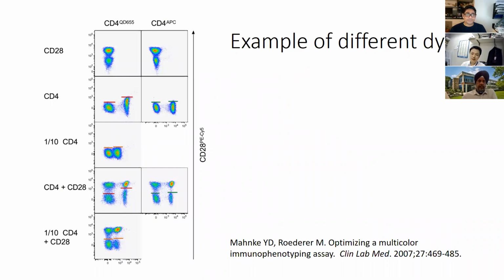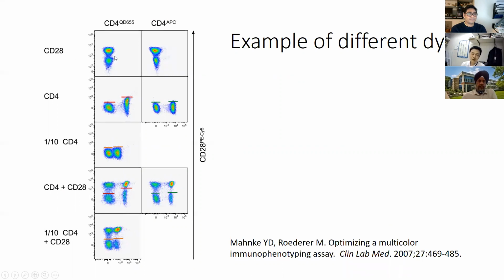Here's another example showing you how different dyes give you different results. The experiment is doing CD28 and CD4 co-staining with two different colors. CD28 is using this color, PE-Cy5. And we use two different colors conjugated to CD4 to show how the result looks.